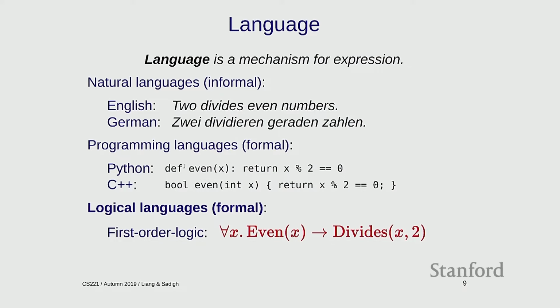Like programming languages, they're going to be formal, so we're going to be absolutely clear what we mean when we have a statement in a logical language. And like natural language, it's going to be declarative. This might be a little harder to appreciate right now, but it means there's more of a one-to-one isomorphism between logical languages and natural languages as compared to programming languages and natural language.